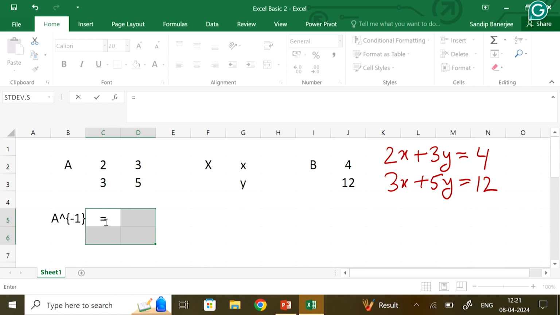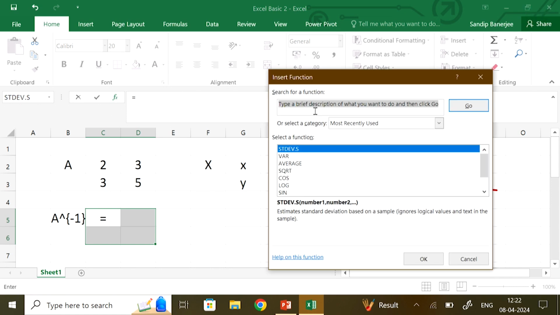Now, you need to find the inverse. So, the command for that is you click this, you write M, matrix inverse.